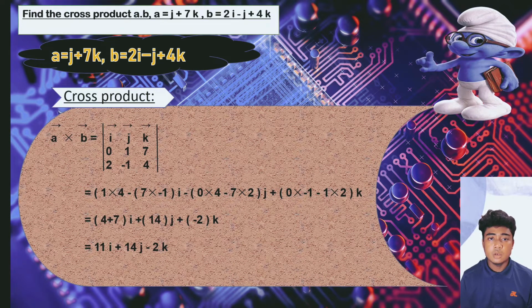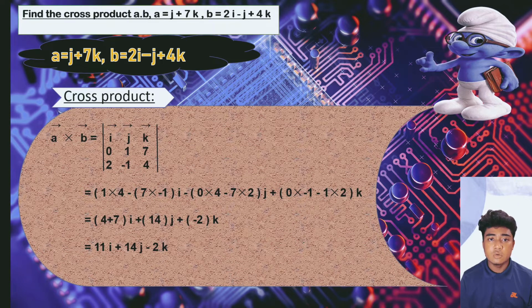And we got i, j, k, 0, 1, 7, 2, negative 1, 4, by using matrix method to determinant and get the equation. For example, to get equation i, we use column j and k to get equation for i.